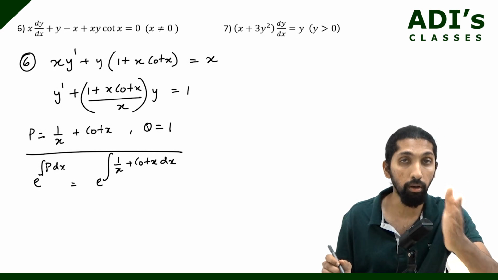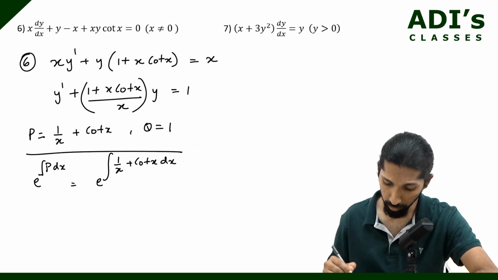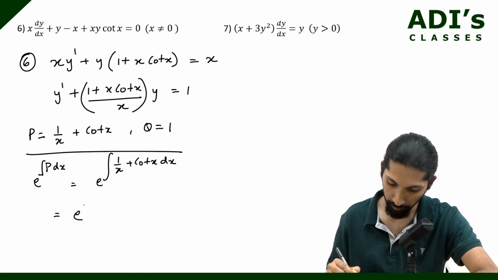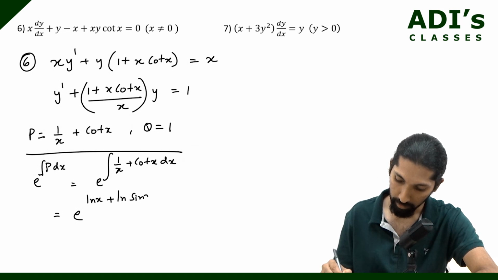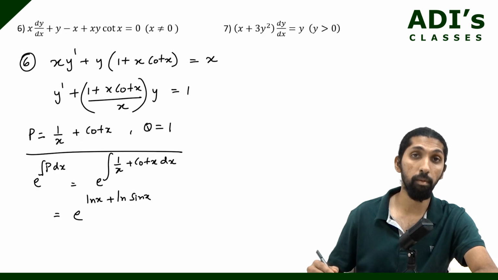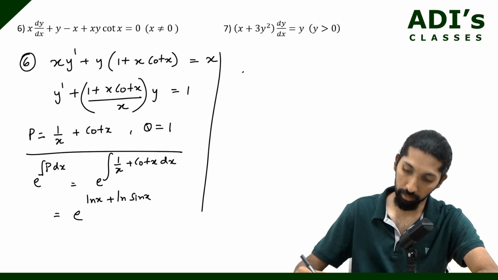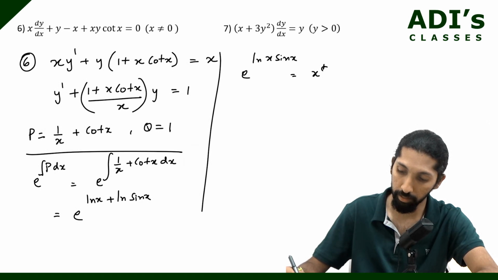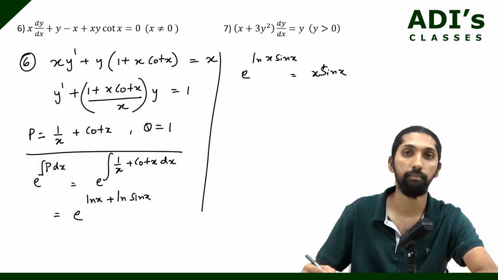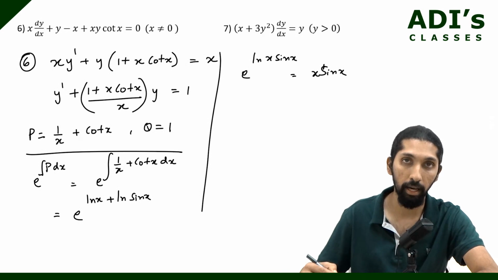Which is log of sin x, isn't it? So we are going to do e to the power of log x plus log of sin x. Or if you remember the rules of logarithm, e to the power log of x sin x, which is nothing but x into sine of x. That's all. So this is the integrating factor what we have.